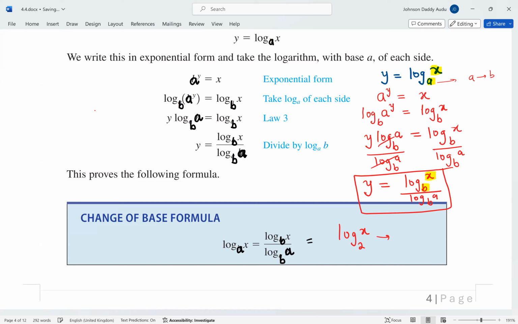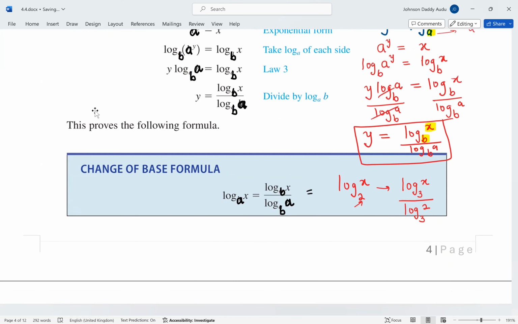All you need to do is write log to base 3, the base that you want, of x, divided by log to base 3 of your old base, which is 2, and that is it. So this is how to transform from one base to another.